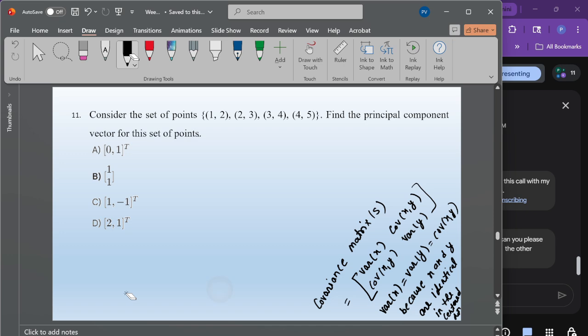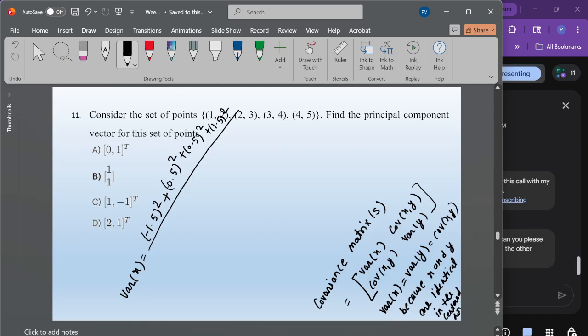So now we will calculate the variance of x. It is minus 1.5, minus 0.5, plus 0.5 and plus 1.5, each squared, divided by n minus 1.